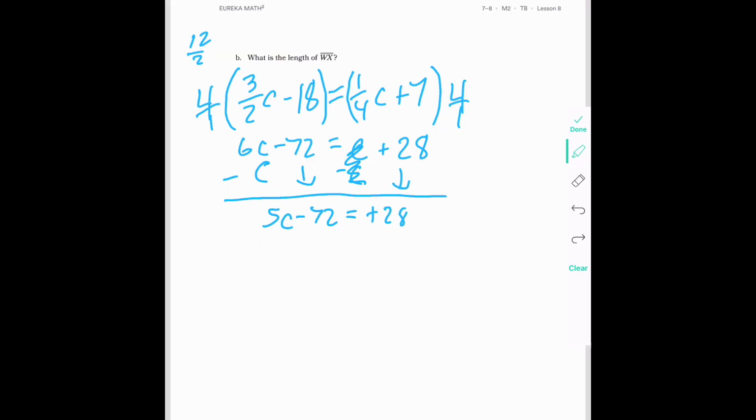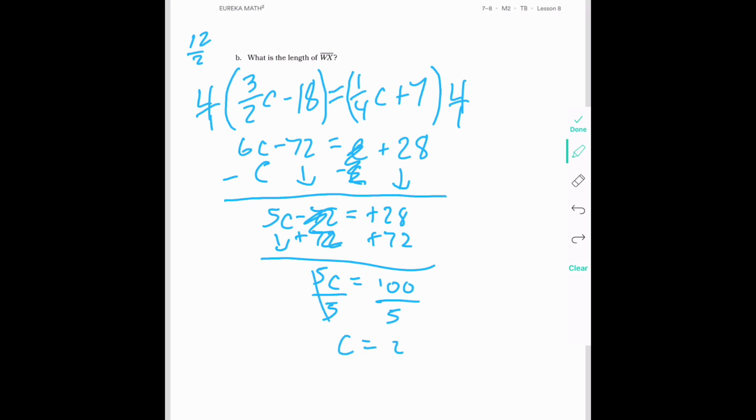You don't have to put the plus. Then we would get rid of the 72, so that would be plus 72, plus 72. This goes away, bring down 5C. 28 plus 72, 0 carry the 1 is 100. Divide by 5. You should get C is equal to 20.